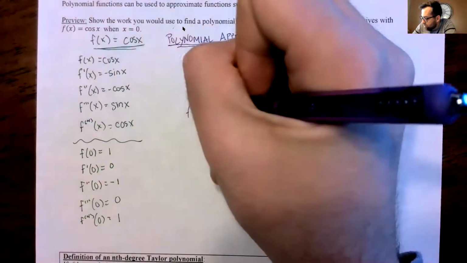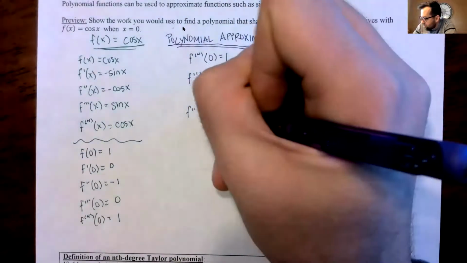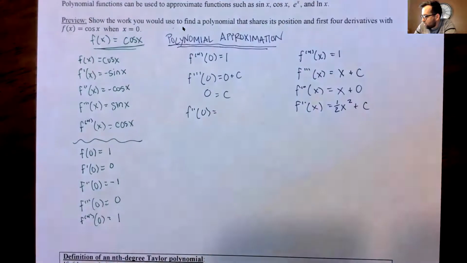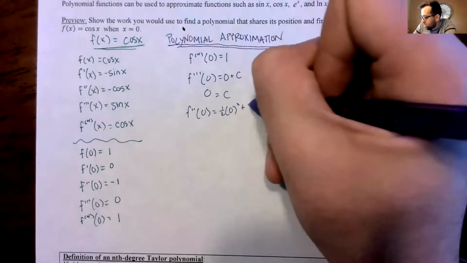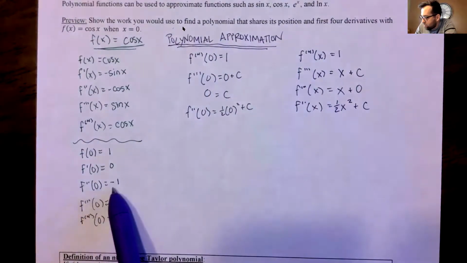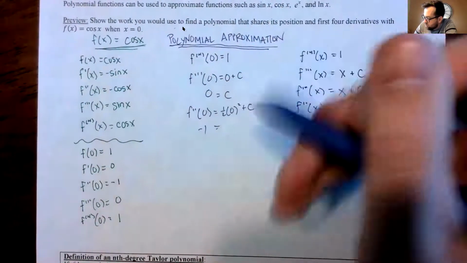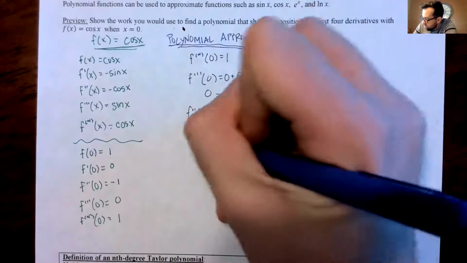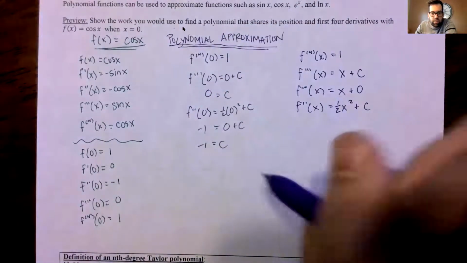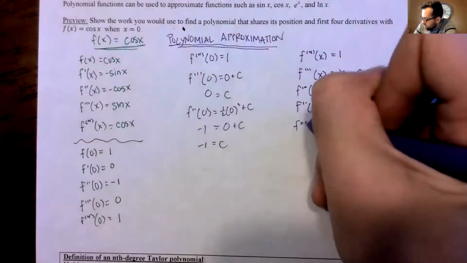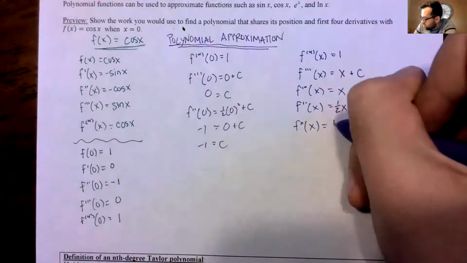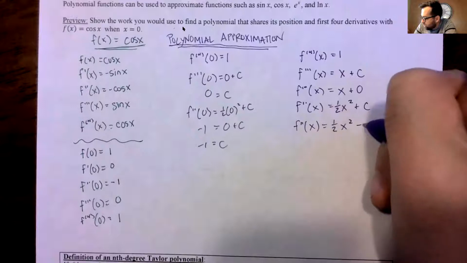So the second derivative of 0 equals 1/2 times 0 squared plus c. And that second derivative of 0 was -1. So -1 has to equal 0 plus c. So -1 is c. So back over here, I now have a second derivative that is 1/2 x squared minus 1.